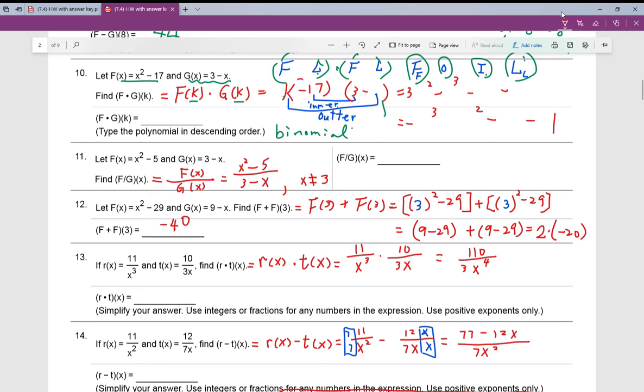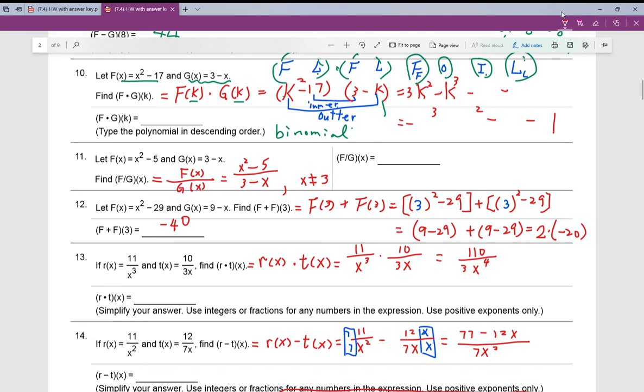K squared minus 17, 3 minus k equals F times F is 3k squared, right? 3 times k squared, first times first. And the outer product, negative k times k squared, so negative k cubed.